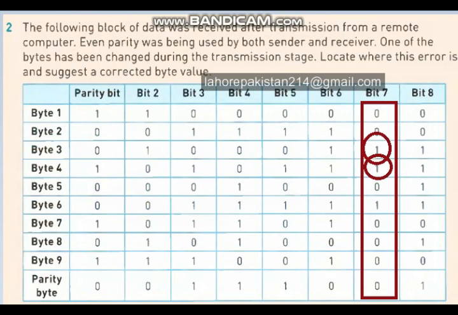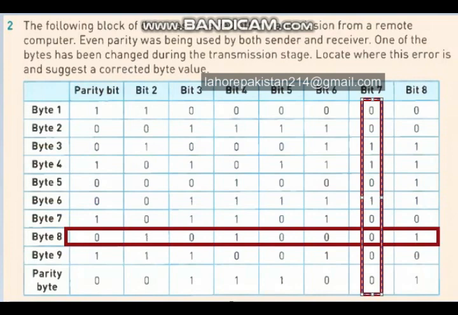Now let's highlight bit 7 and byte 8. You can see that there was a mistake in the bit at the intersection of bit 7 and byte 8. So you can say that the 0 bit at the intersection of bit 7 and byte 8 should be replaced with 1.